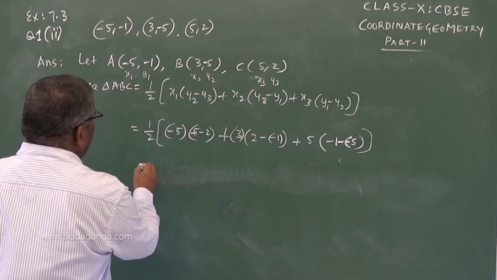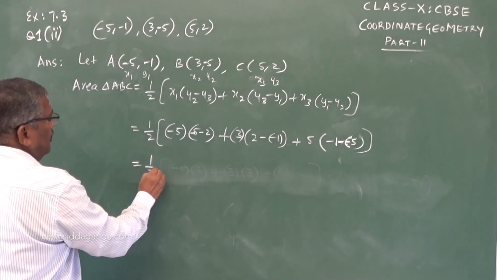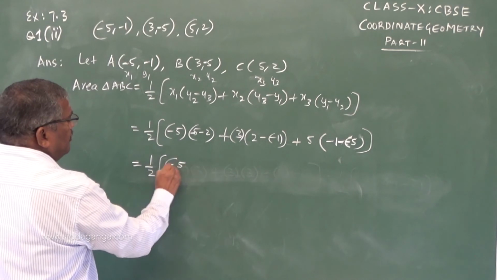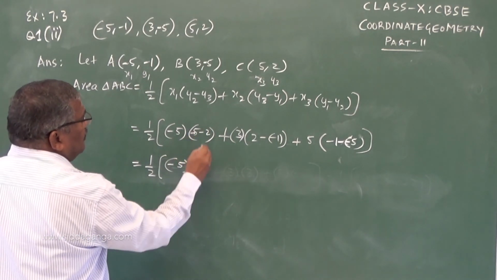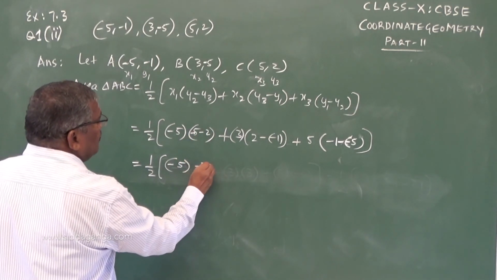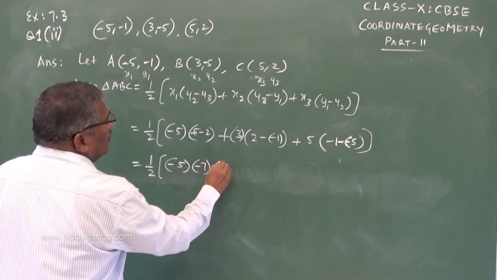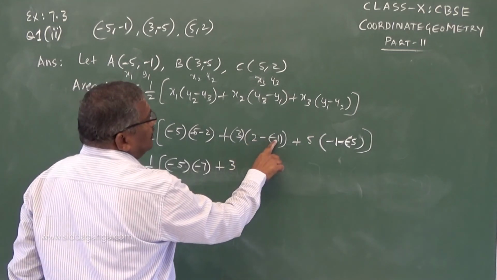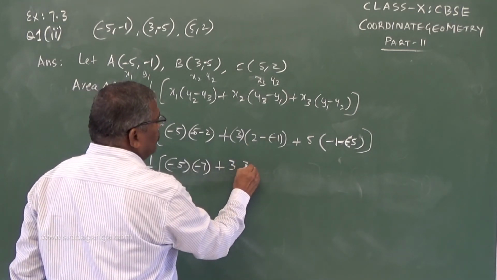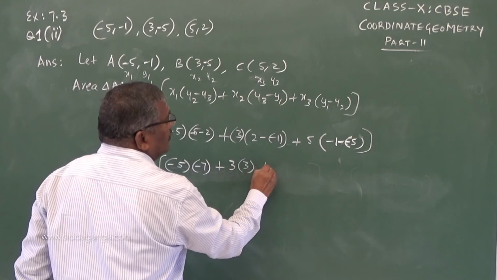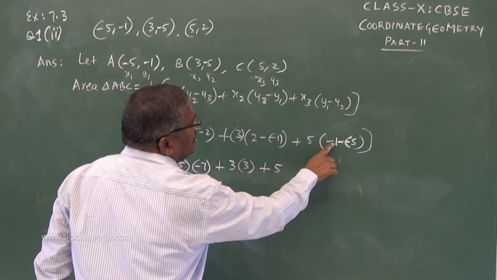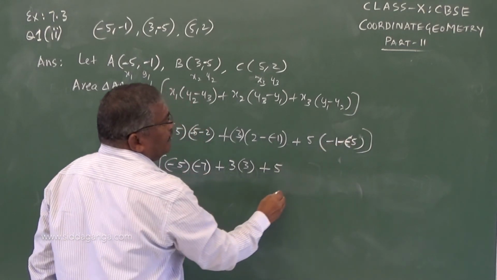So with this 1 by 2, now the values will change. Minus 5 minus 2 is minus 7, plus 3 into 2 plus 1, 3 into 3 you will get here, plus this becomes 5 into minus 1 minus minus 5, it becomes plus 5.